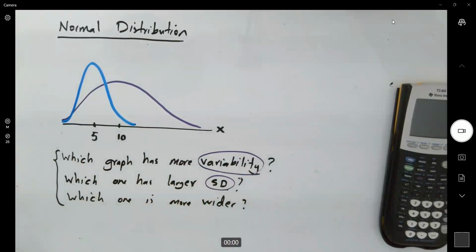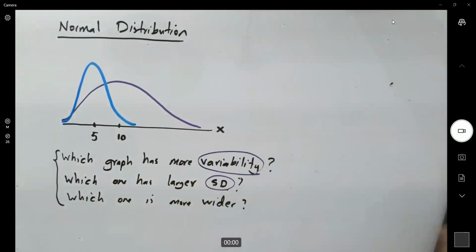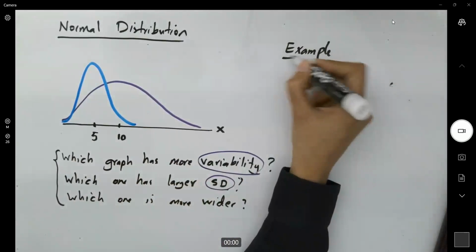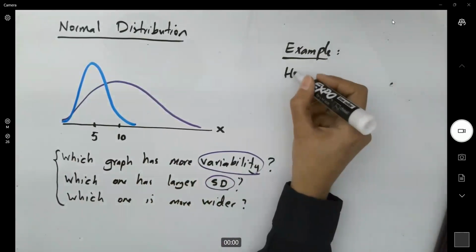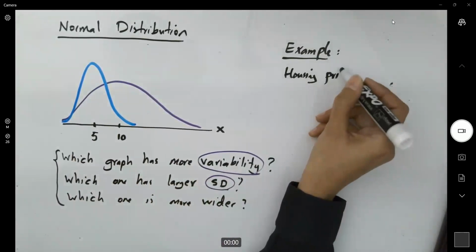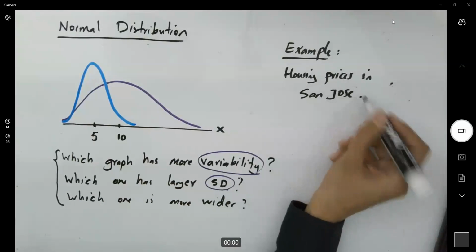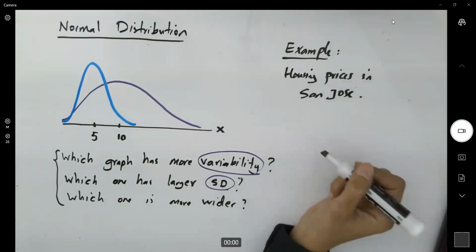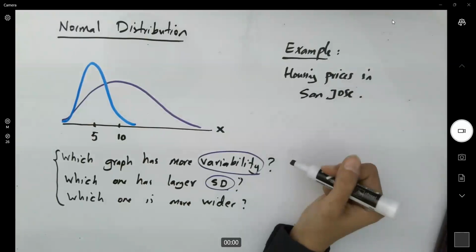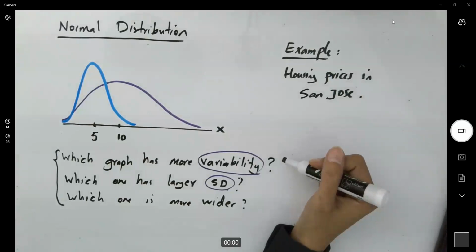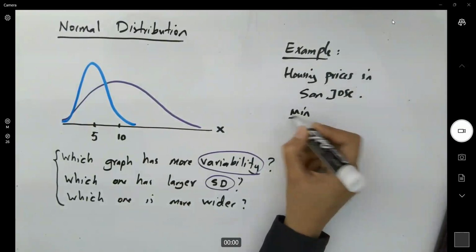For example, think about housing prices in San Jose. So just quickly Google housing prices in San Jose for me. Are they varied, or are they close to each other? What is the minimum value that you see?